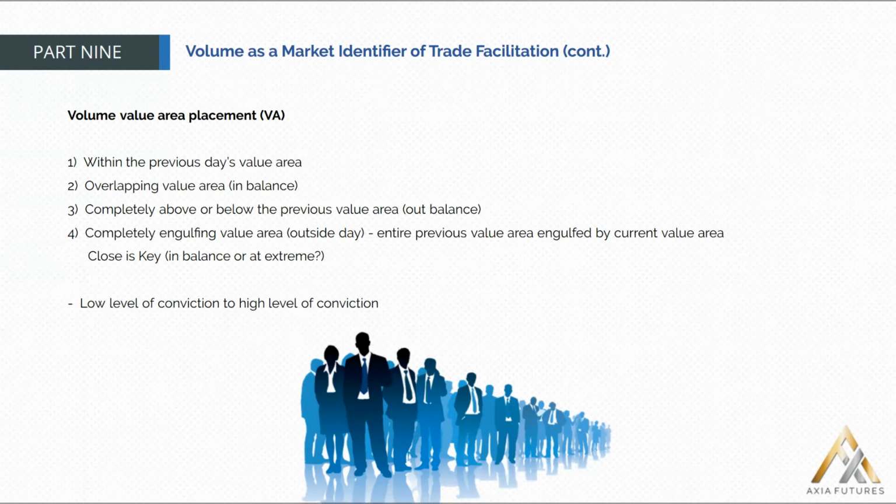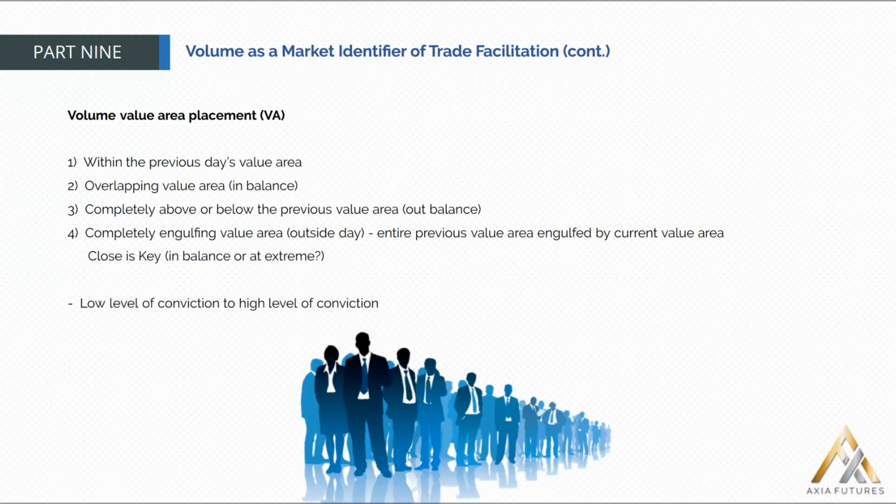The first is when today's value area is contained within, or opens and trades within, the previous day's value area. This is the least amount of conviction. Why? Because sellers and buyers are agreeing to the same sets of prices that they agreed to on the previous day.